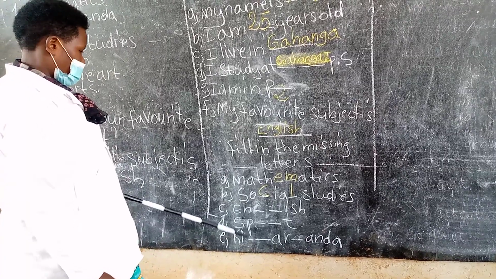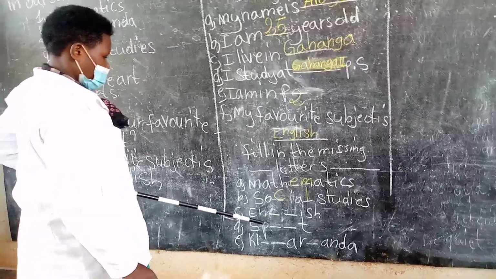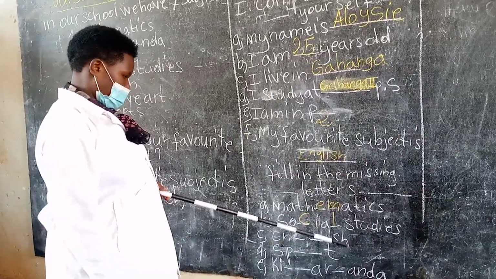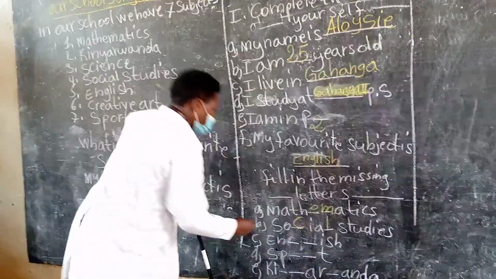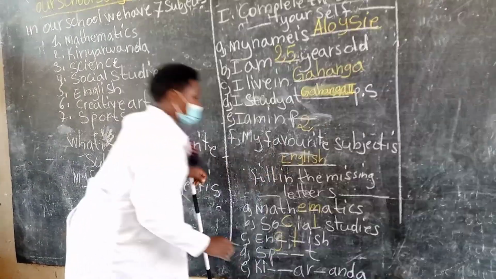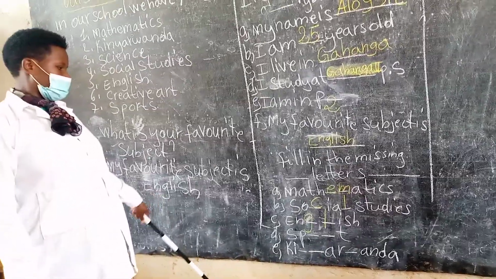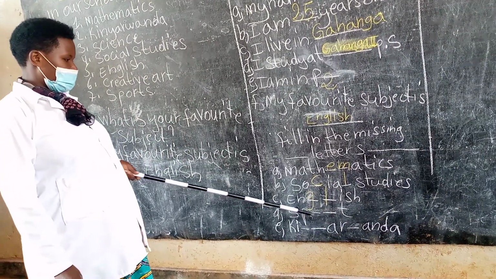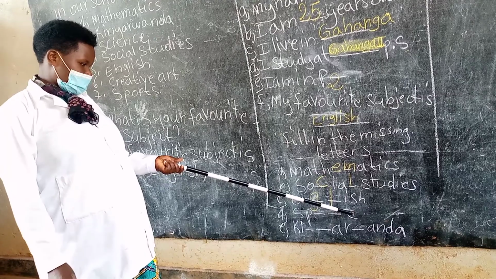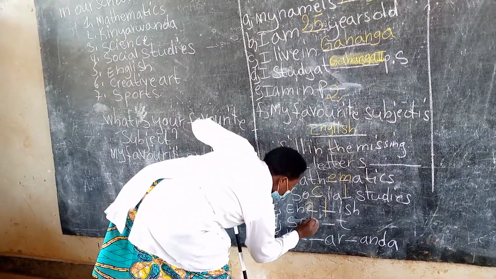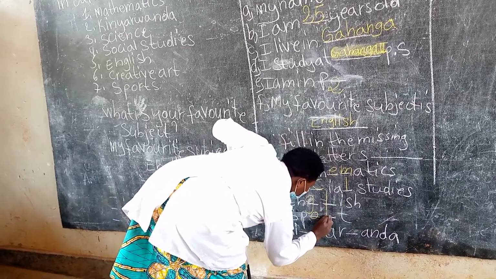And the following, when they see E, N, G, L, I, S, H, think that we have English. The following one, C and D, and the last is T. We have to remember it is sports.